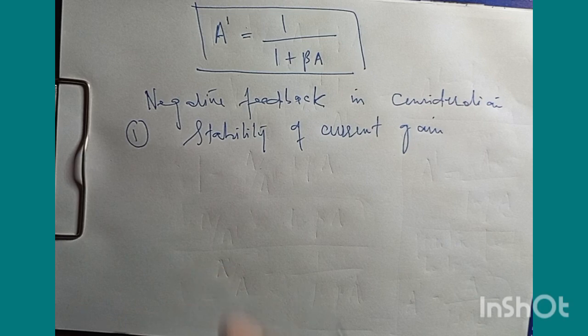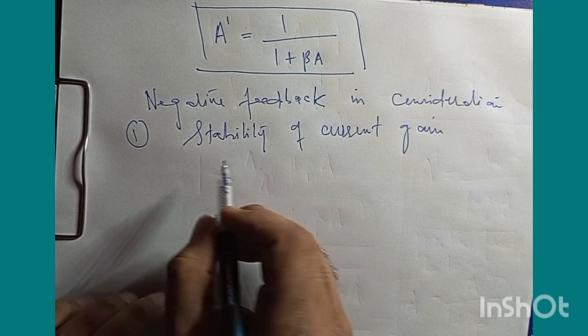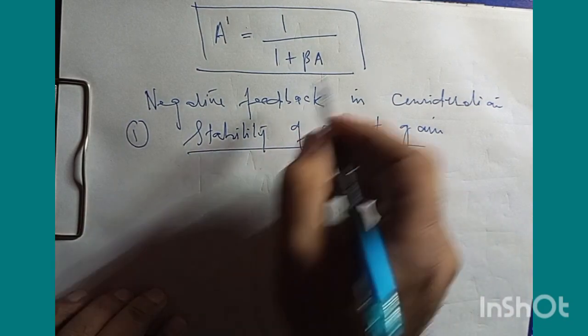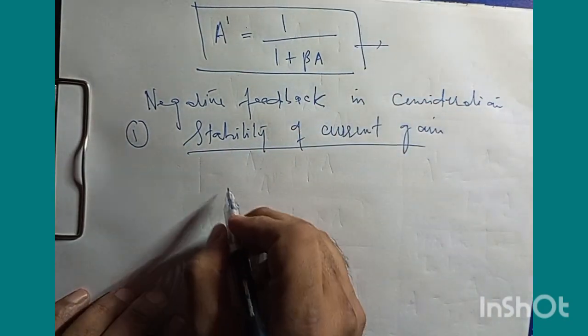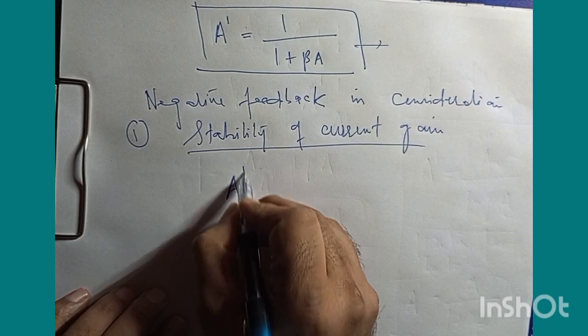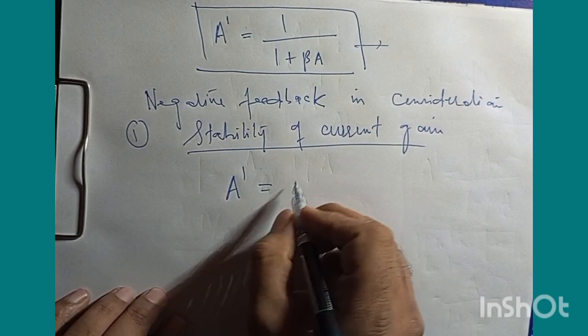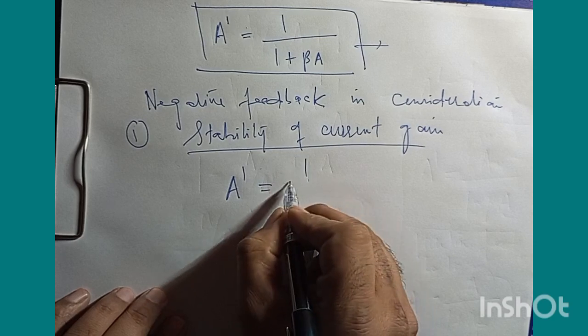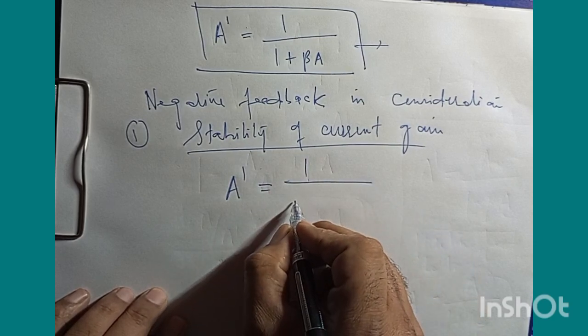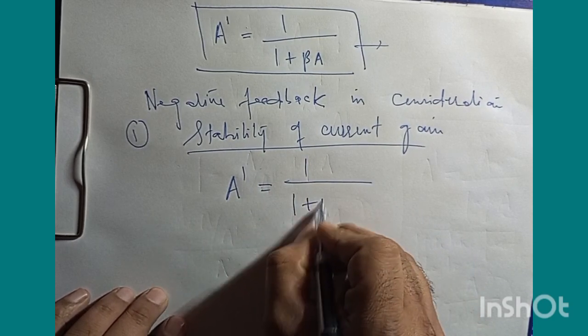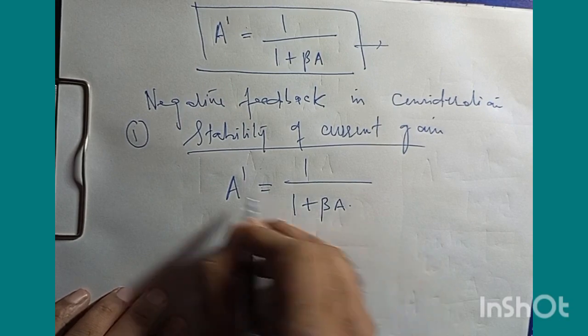In order to achieve some mathematical stability for this statement that I have written here, I will start with this equation. So if I write the gain for an amplifier where we are subjecting the amplifier to a negative feedback.